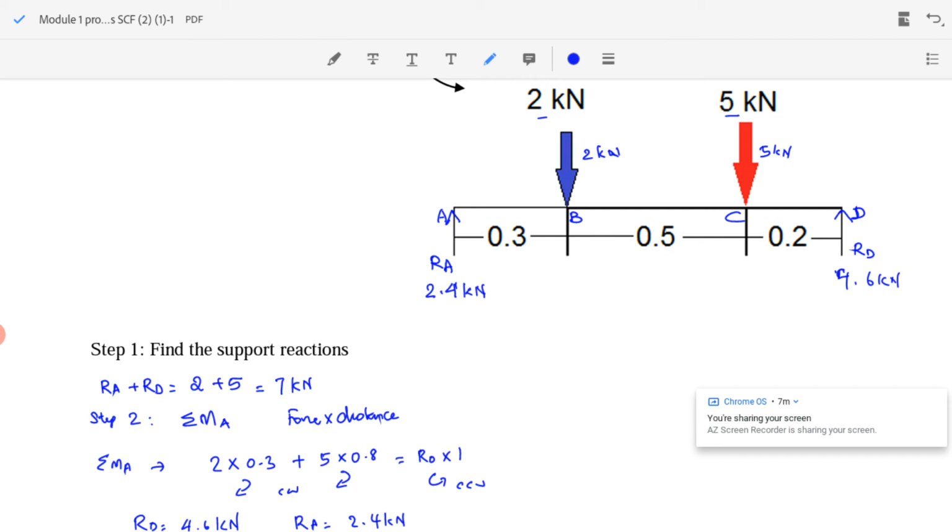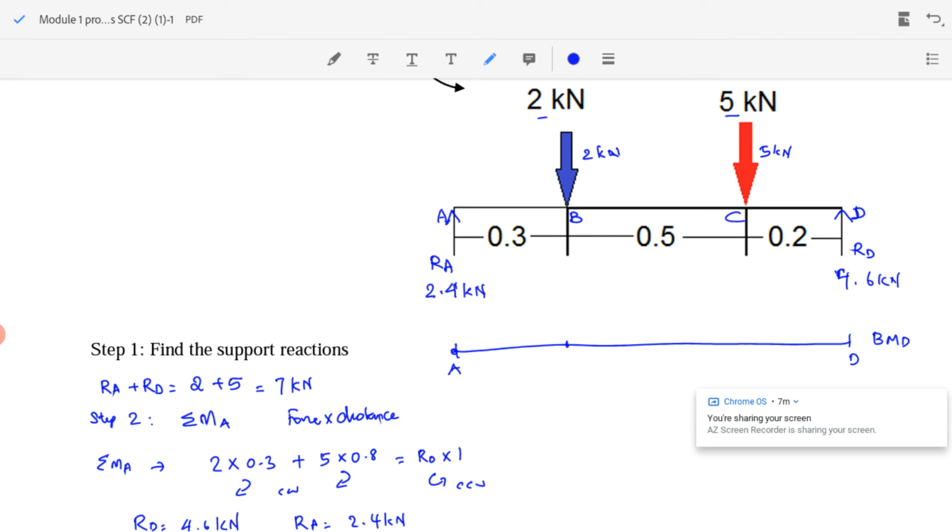Now we will find the bending moments. To find the bending moments, I have to draw the bending moment diagram, BMD. To draw the bending moment diagram, bending moment at the supports A and D will be equal to 0.